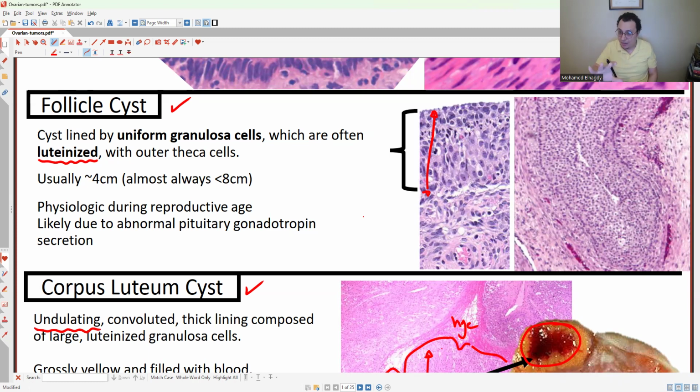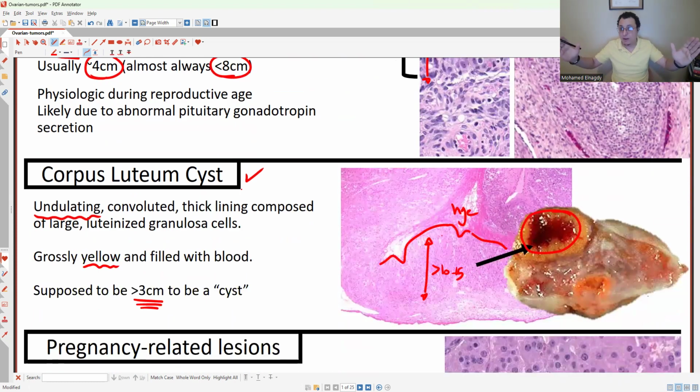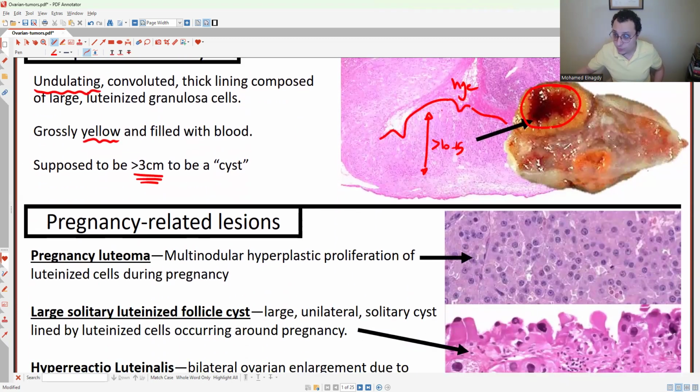You have some bland, benign looking epithelial lining with just some luteinization. Follicular cyst is usually around 4 centimeter, but usually less than 8. But corpus luteum cyst might get very huge or very large, especially with the collection of blood or hemorrhage inside, to the point that you see it grossly in the ovary, as you see right there. This one, I believe it won't be less than maybe 5 centimeter with this area of hemorrhage inside.